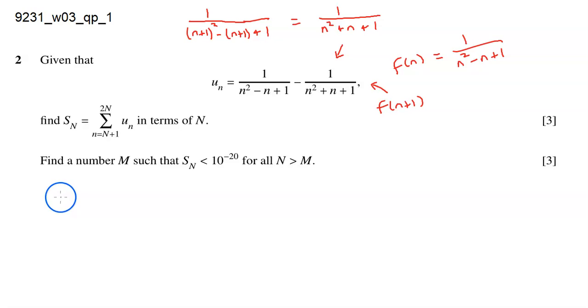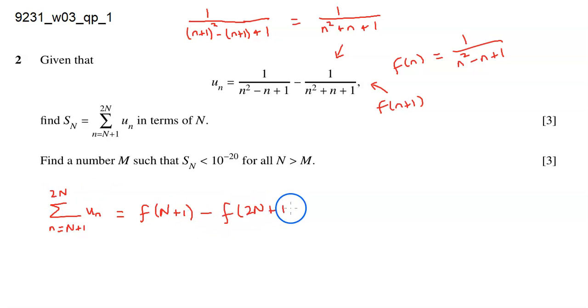Okay, and so we know that the sum from n equals n plus 1 to 2n of un, we start at n plus 1, so it's going to be f of n plus 1, and then minus where we finished plus 1, so minus f of 2n plus 1.